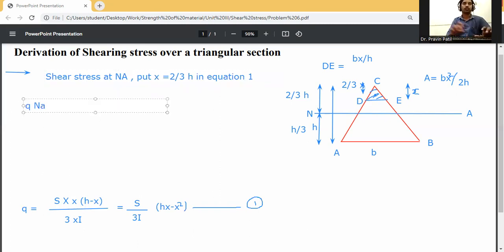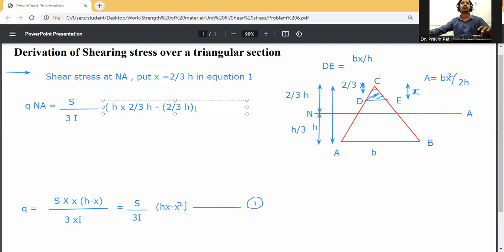Shear stress at the neutral axis is equal to S divided by 3I, where h into x becomes h into 2/3 of h, minus x square, which is (2/3 of h) squared.